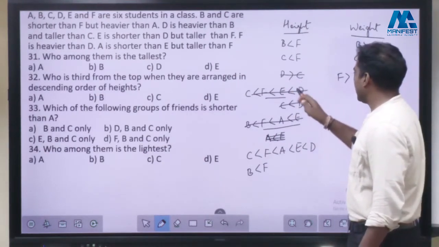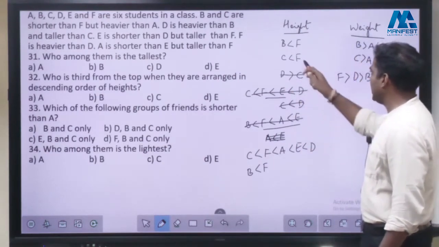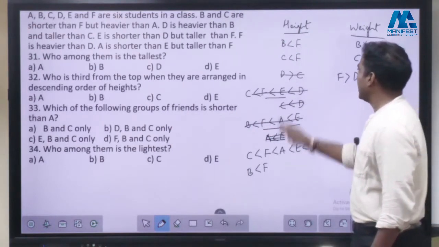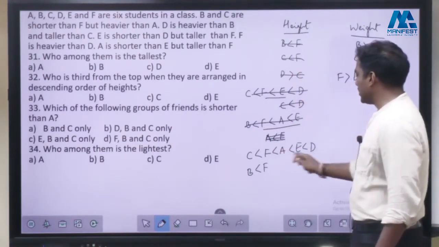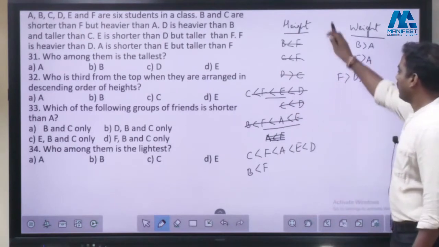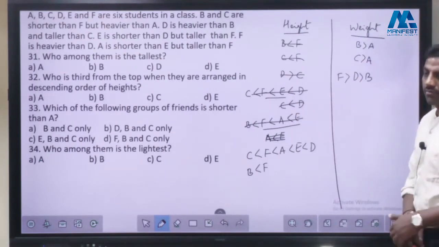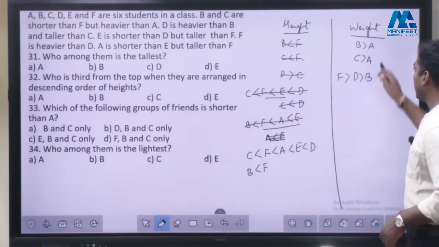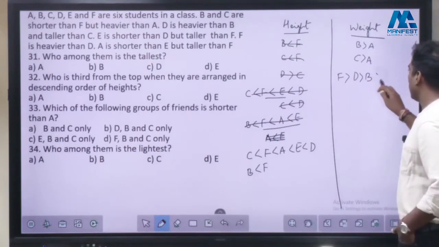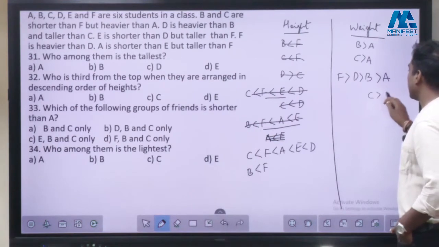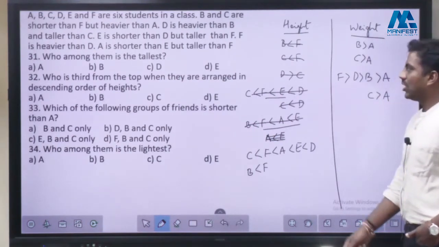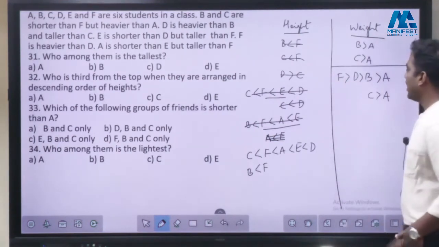Then D is greater than C. Done. B is smaller than F. Done. C is smaller than F. So this is what we have at the end for height. Okay. Coming to weight. Already B is greater than A. So I can put like this. So C is greater than A. That's all we have. Any other thing we have?